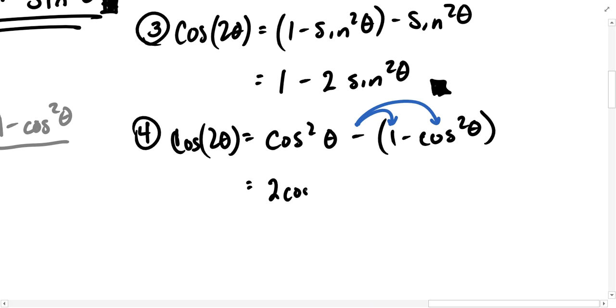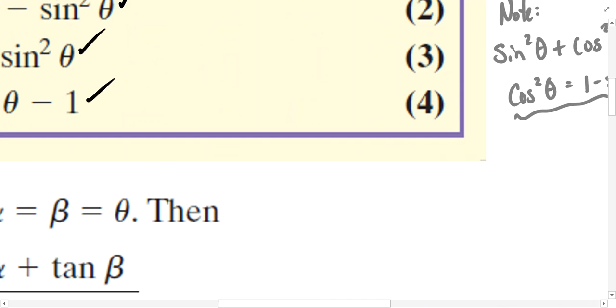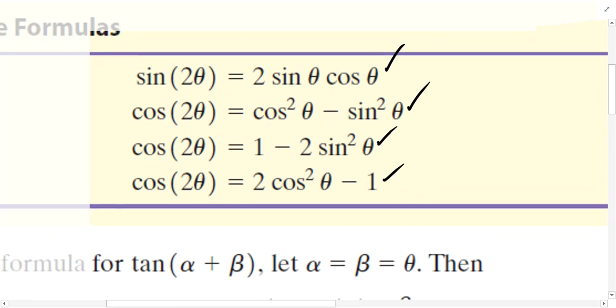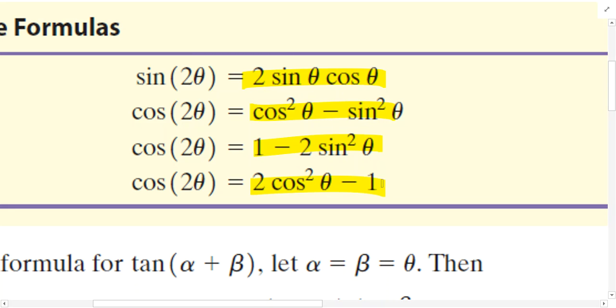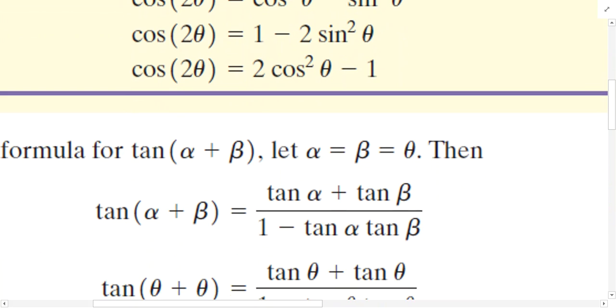And cosine squared plus another cosine squared is 2 cosine squared with this minus 1 left over. And that proves or establishes our fourth identity. And again, we'll use the right side of these equations as needed to rewrite an expression that looks like those on the left. Should there be a need in a larger equation to rewrite or simplify, we now have some additional techniques to do so.